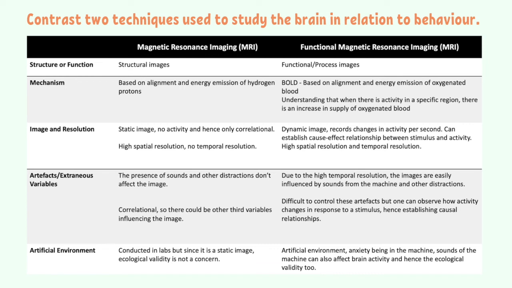The first difference between MRI and fMRI is that MRIs take images of brain structure, okay, whereas the fMRI is able to image brain activity as well.